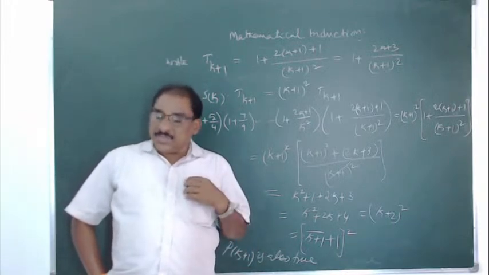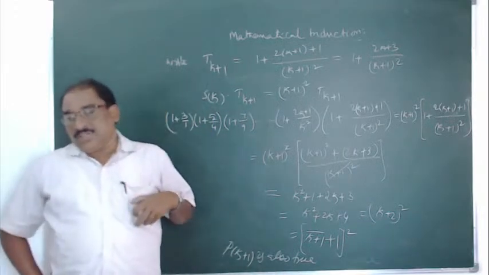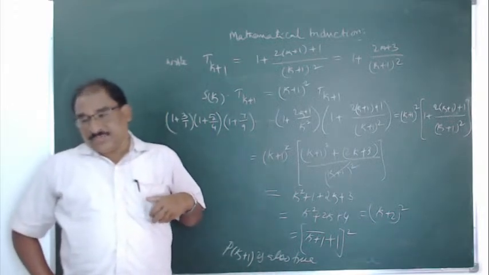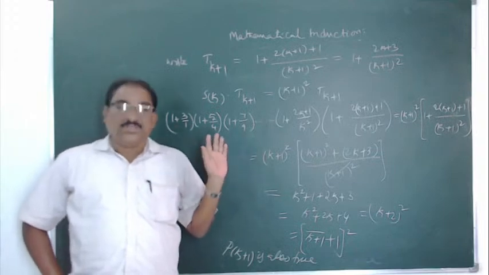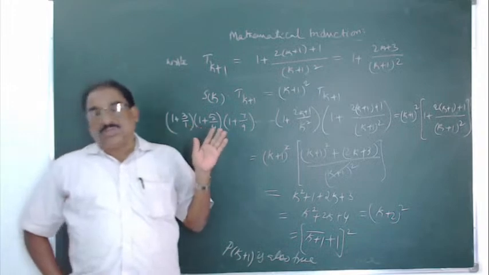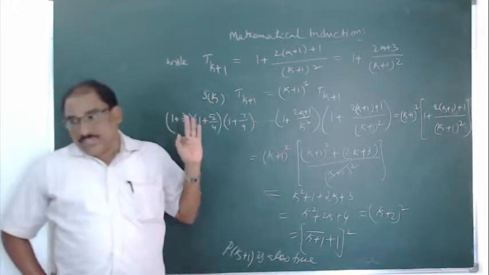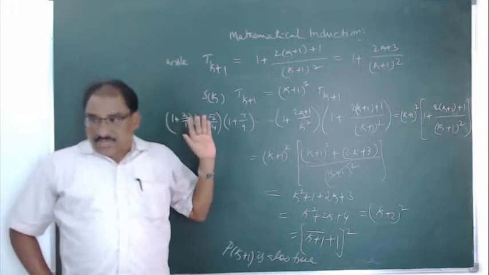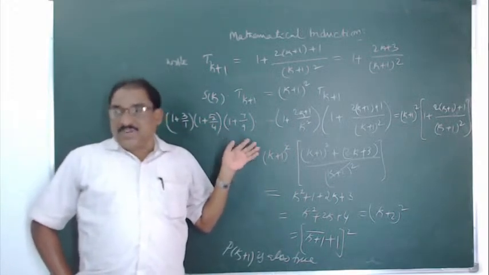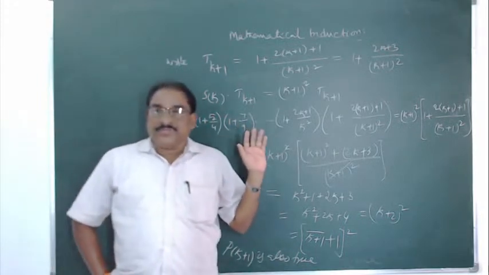Let the given statement be true for k greater than or equal to 1. That is, P of k is true. And the third step is the inductive step. So, we proved the given statement P of n is true for n equal to 1 to k, n equal to 1, 2, 3, 4, up to k.